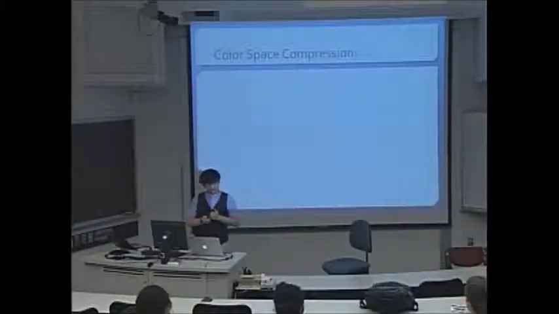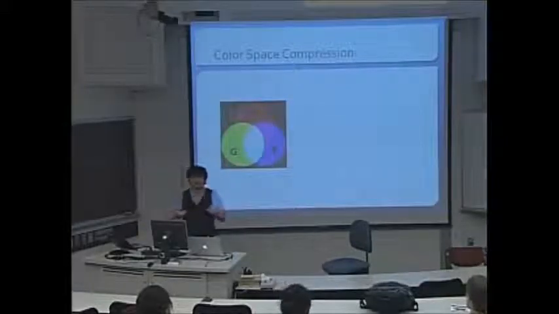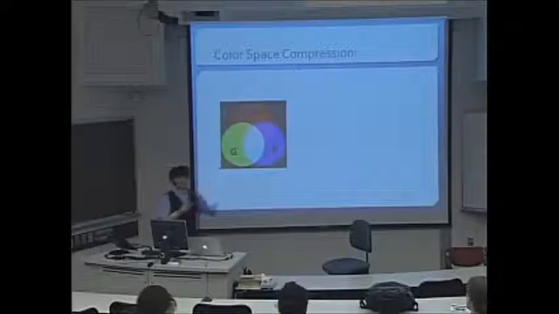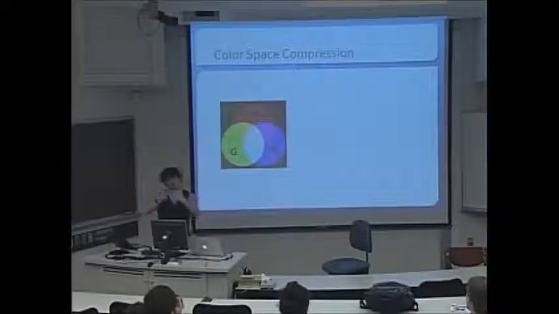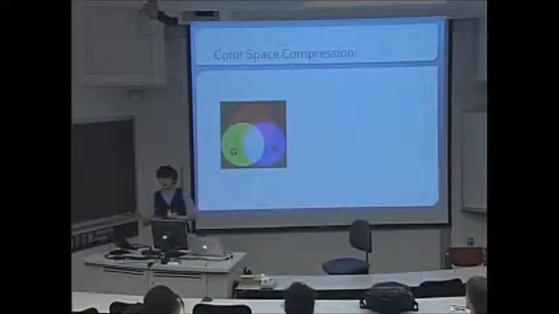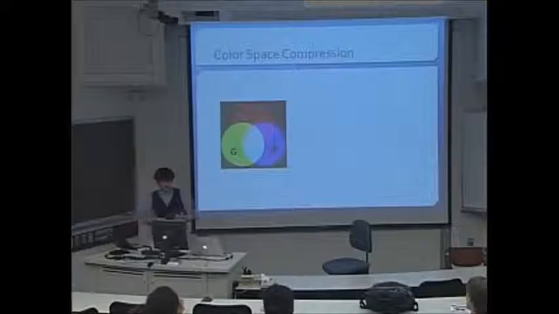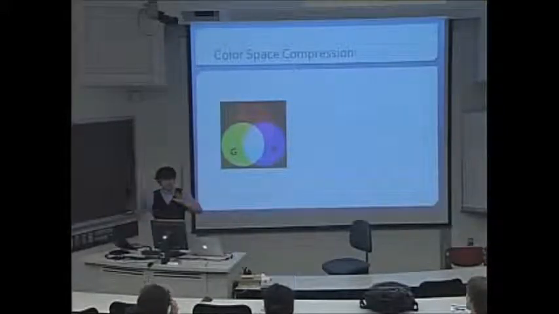First thing is color space compression. Most computer scientists are probably used to thinking of color as red, green, blue, the standard three different color pixels. You add them together and you get a color, but that's not necessarily how the human eye sees. The human eye has both rods and cones; one sees color and one sees just brightness and luminance.